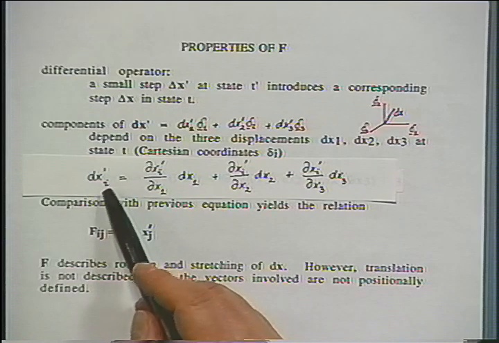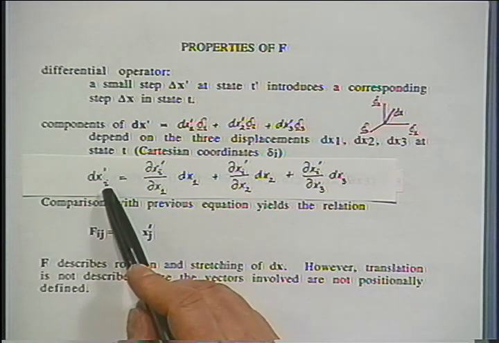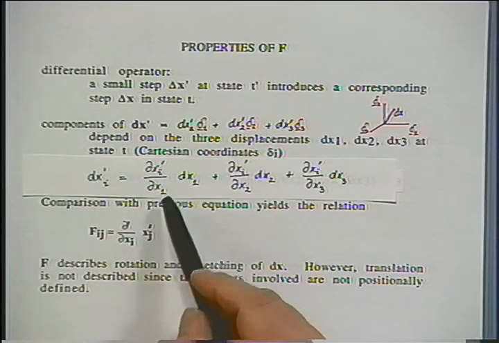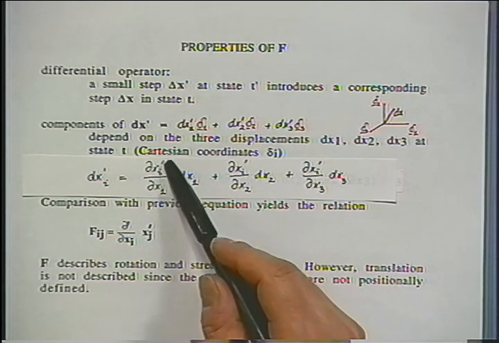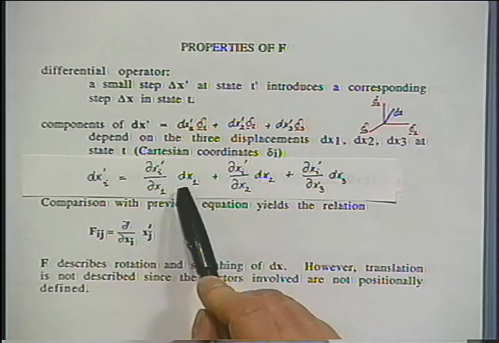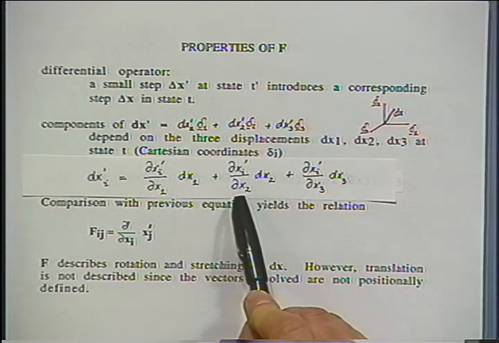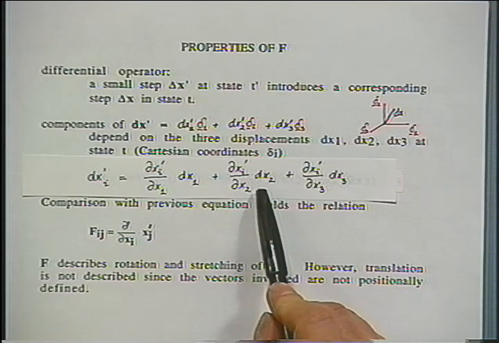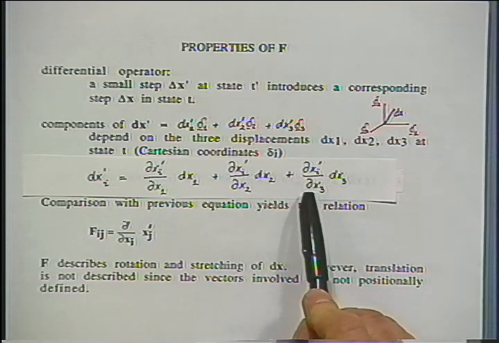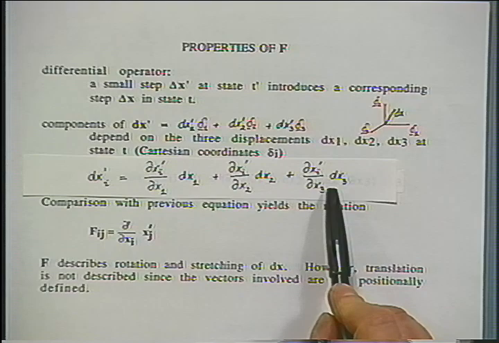So let's take the ith component. dx prime i is given by dx prime as it changes with x1, multiplied with dx1, and its change in x2 direction multiplied with dx2, and its change in 3 direction multiplied with dx3.